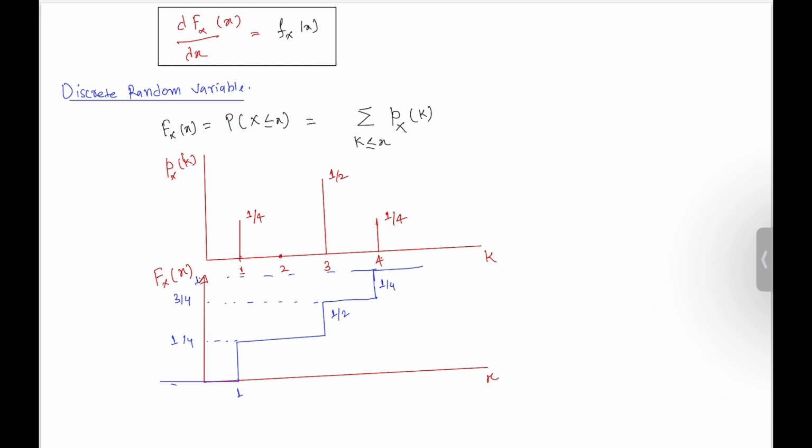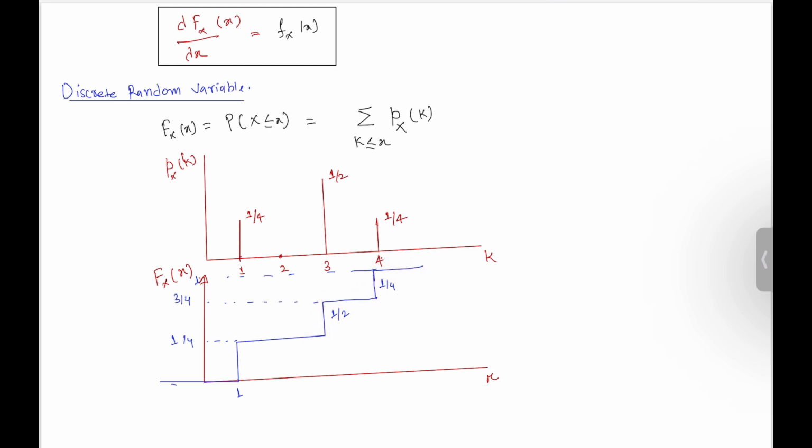Again, the point to observe is that the CDF is non-decreasing, that is, always increasing. So you will have a constant value, but it will never decrease, it will always increase. So till here you have the fixed value, then it is increasing, and again it is increasing.